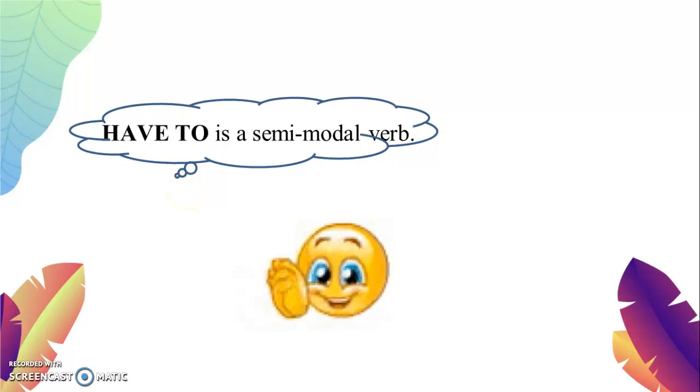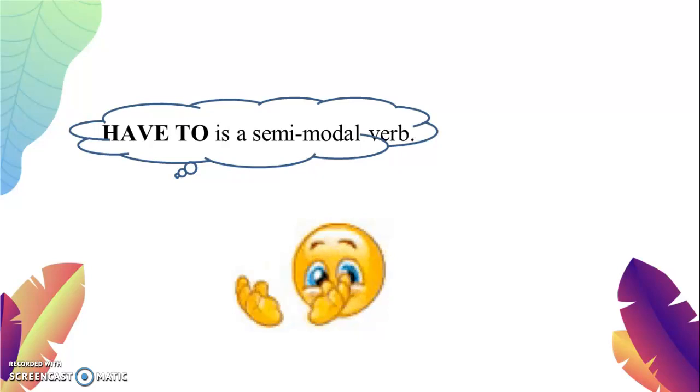Have to is a semi-modal. That means have to may have a similar meaning to a modal, but it takes S in the third person singular. For example, he has to go now. The negative and the questions are formed with auxiliaries.